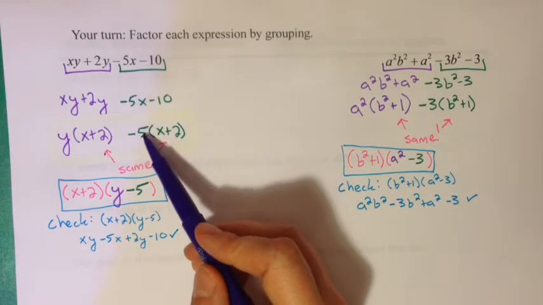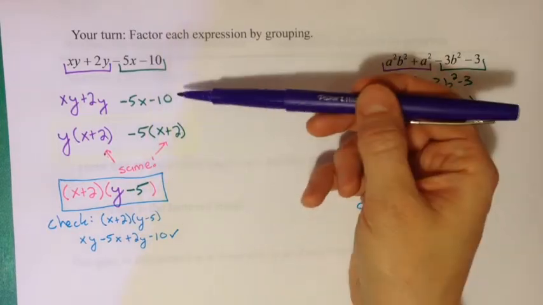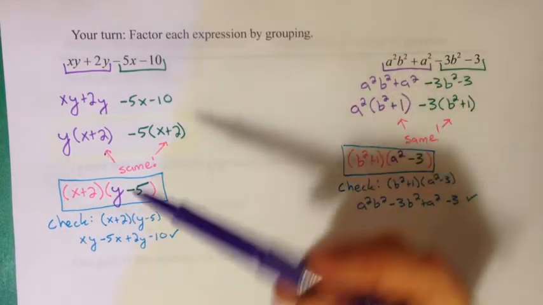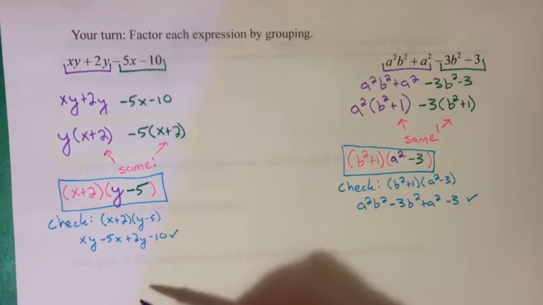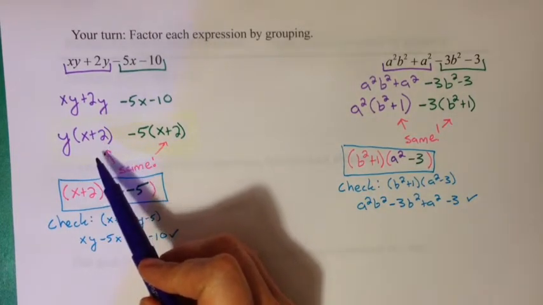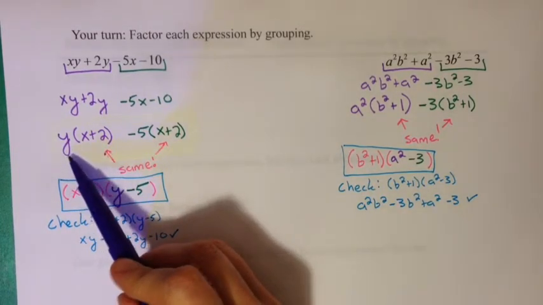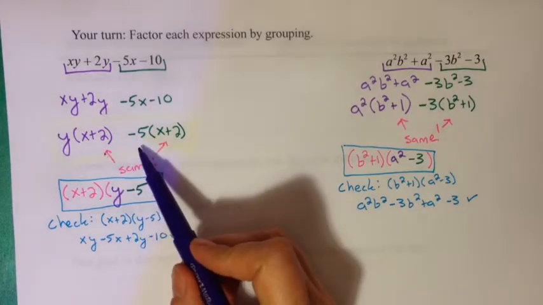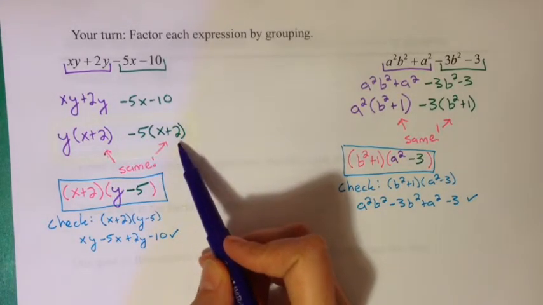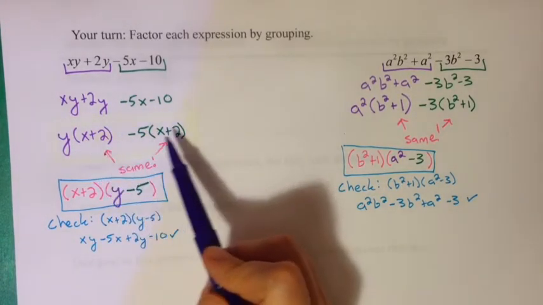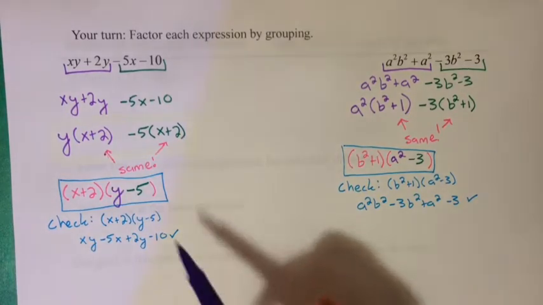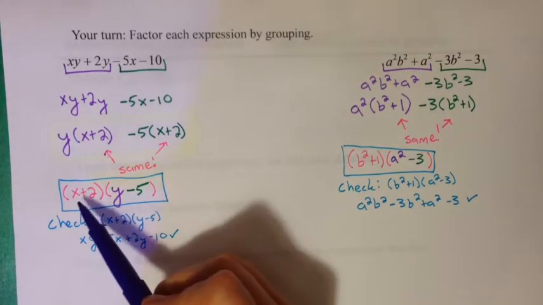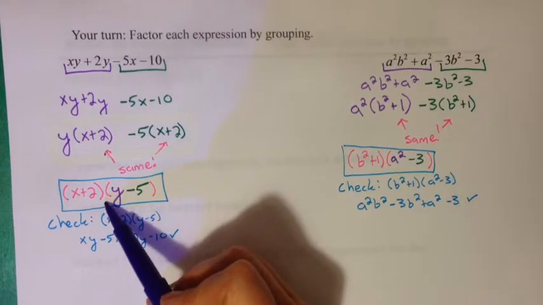Notice that if I multiplied this back out, I would get back to where I started. Now I can take a big step back and see if anything good has happened. I have y times x plus 2 and negative 5 times x plus 2. These have an x plus 2 in common, so I can factor the x plus 2 out. So I go ahead and write down my x plus 2 factor.